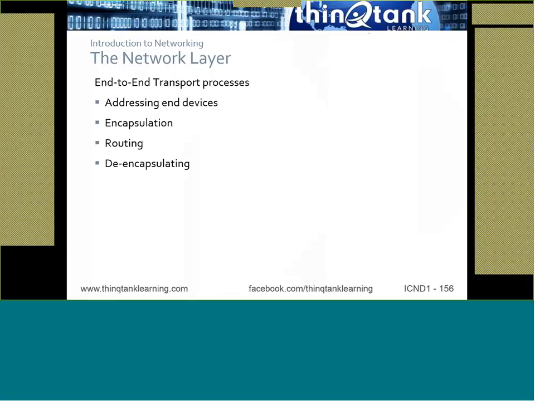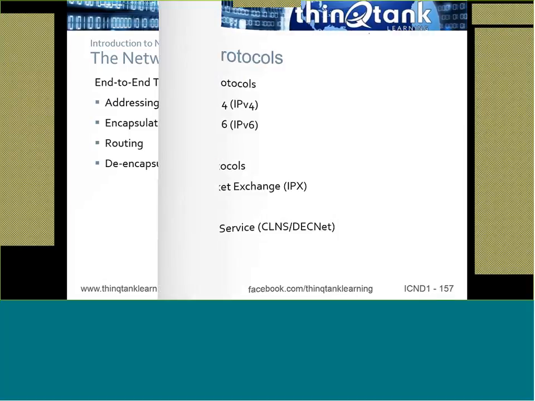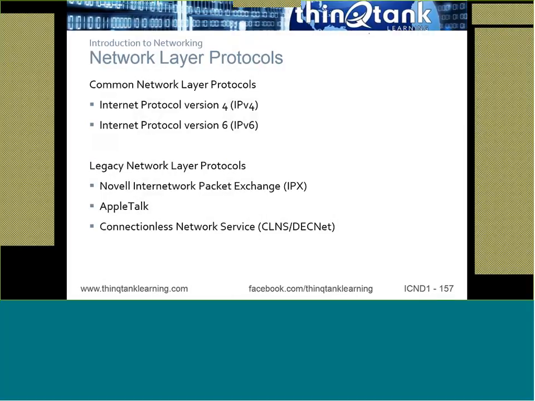As we go through this chapter, we're going to detail what that header looks like. It's a little bit more complex than your Ethernet header that we saw before. All right? We know routing occurs at this layer, and de-encapsulation occurs at this layer as we go back up the protocol stack on the other side of the network.